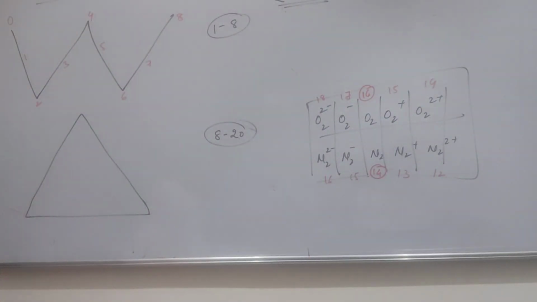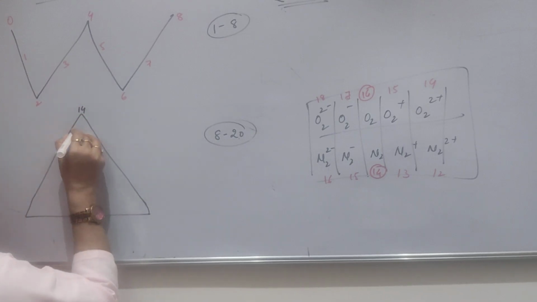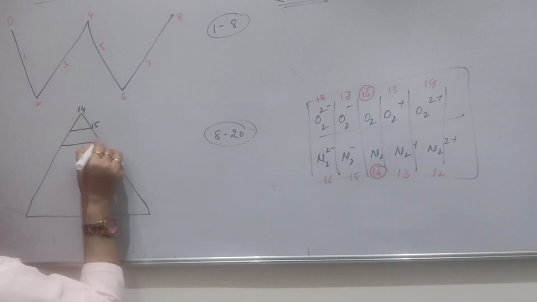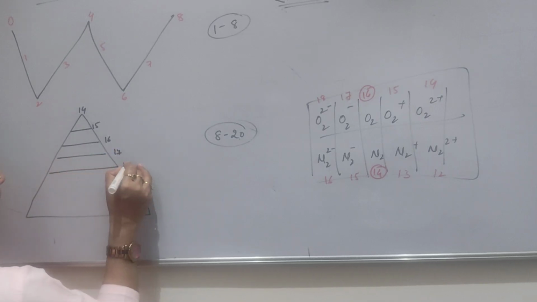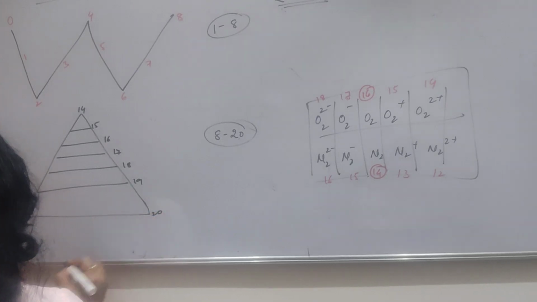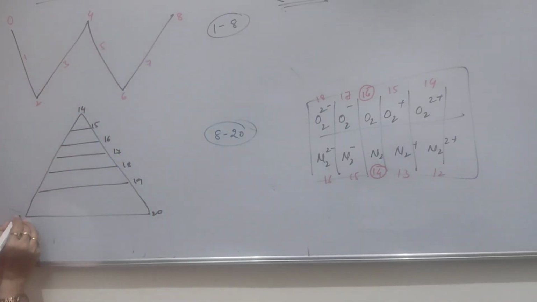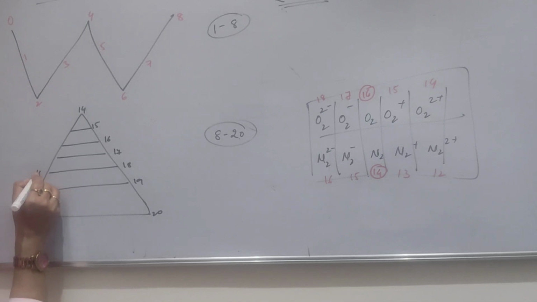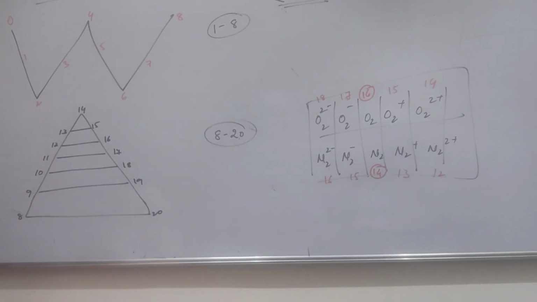If that is clear, the next one is 14, 15, 16, 17, 18, 19, and this is 20. Similarly, we have finished till 8, 9, 10, 11, 12, 13, and 14.